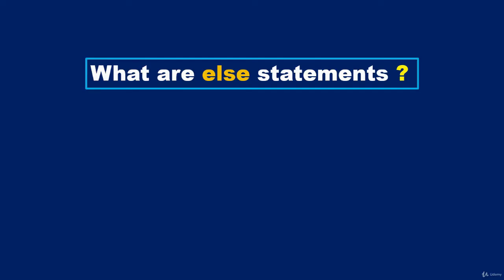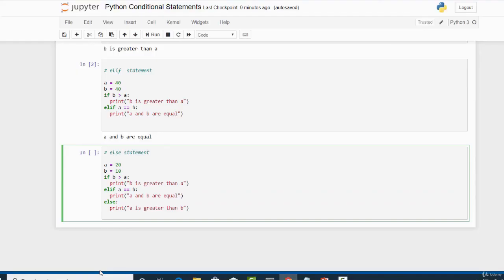What are else statements? Else statements are used to execute a block of code when conditions evaluate only to false. I added some code here into this new cell to illustrate how the else statement works. So I have two variables. Variable A has a value of 20.